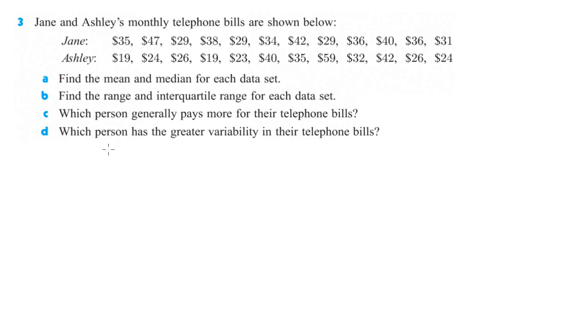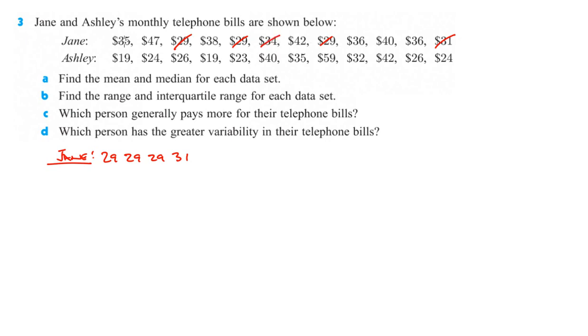So for Jane, we'll do it by hand. So here is Jane. Okay, let's see, 29 looks like it's the lowest, and there are 3 of those. So 29, 29, 29, and then looks like 31 is the next. And then we just keep hunting for lower ones.